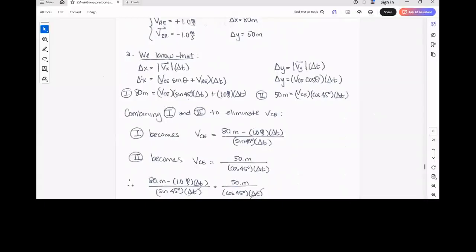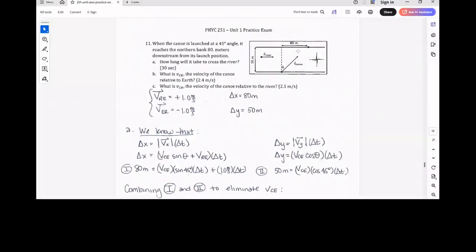So we know that delta x, just in general, is going to be the magnitude of the velocity in the x direction times delta t. And we can look to our diagram to figure out what the velocity in the x direction is going to be, because the river is carrying the canoe downstream, but the canoe itself has a component of its velocity that's also oriented downstream.